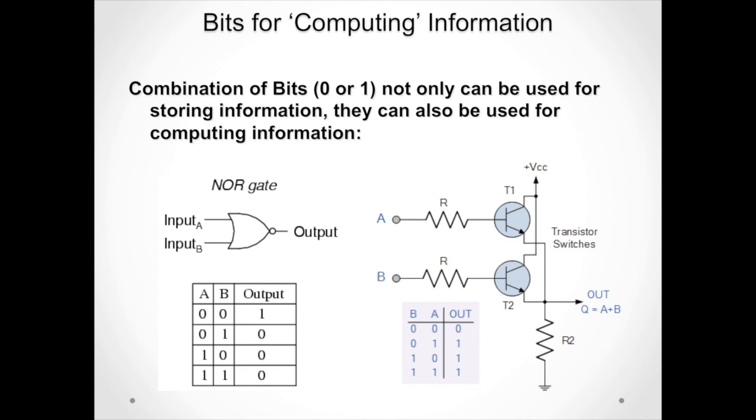With 8 bits we have 256 patterns, and that can be used for ASCII, for example, or for storing bit depth information for the pixel on the screen. So this is the end of the tutorial, and we've seen how we can use a combination of bits to store information. Now you should really ask how you can use bits to construct logic gates so that we can not only store data but also compute information.